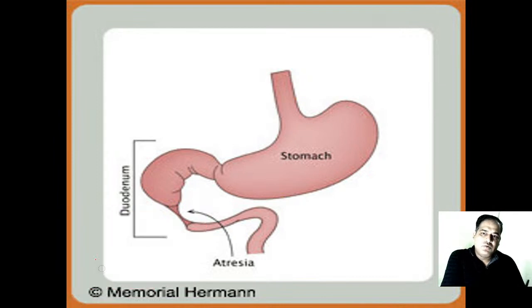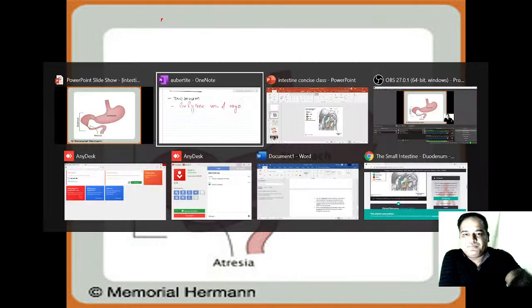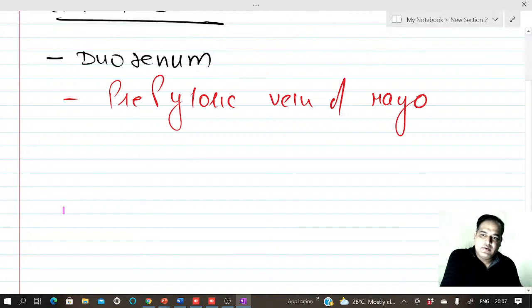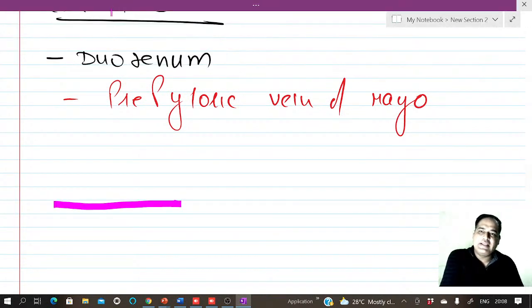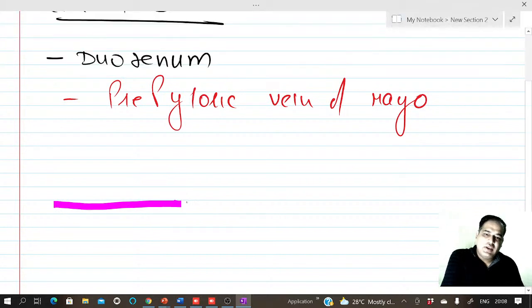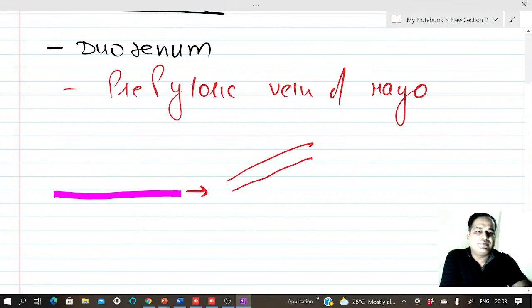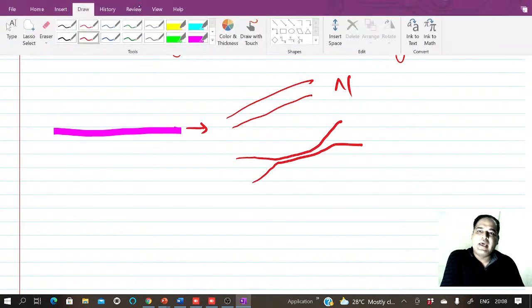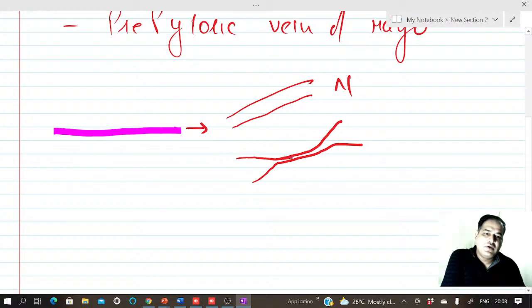So see, the duodenum is like this. Then what happens is it canalizes, like this. So this is normal canalization, and this would be abnormal canalization. Suppose this part has failed to canalize.